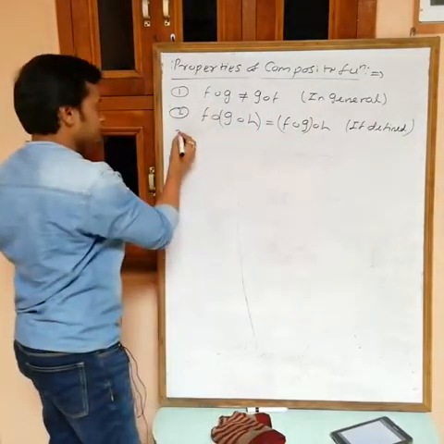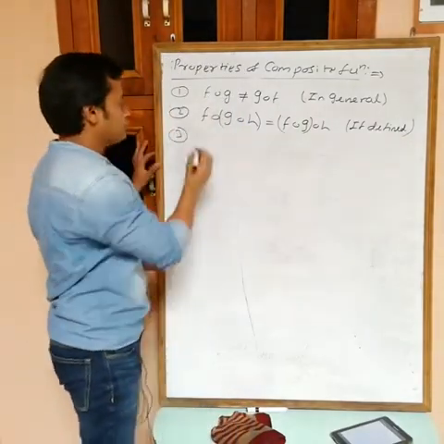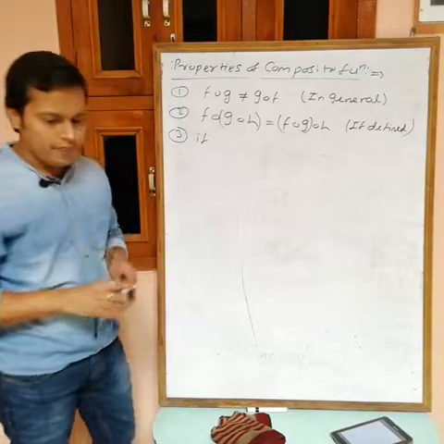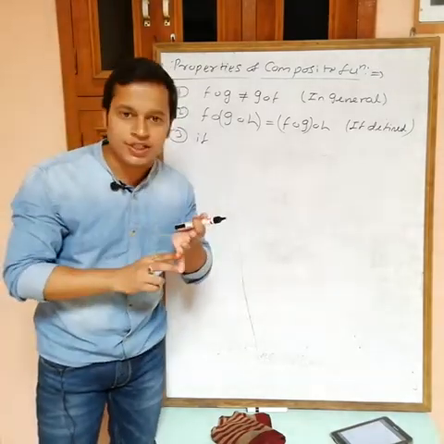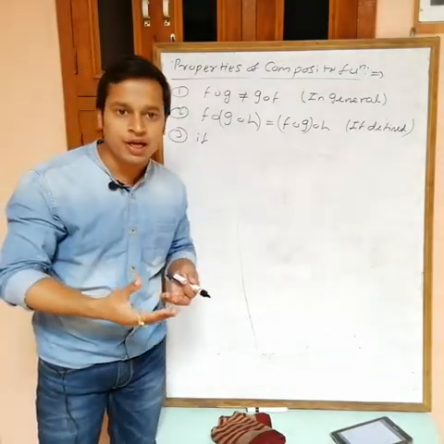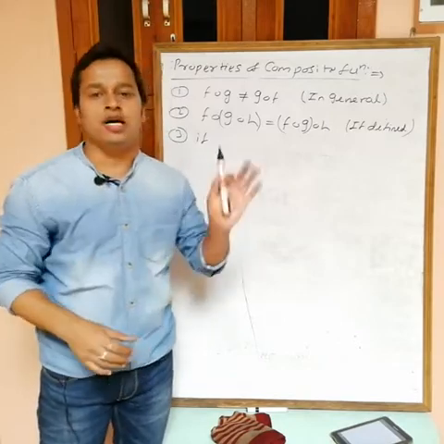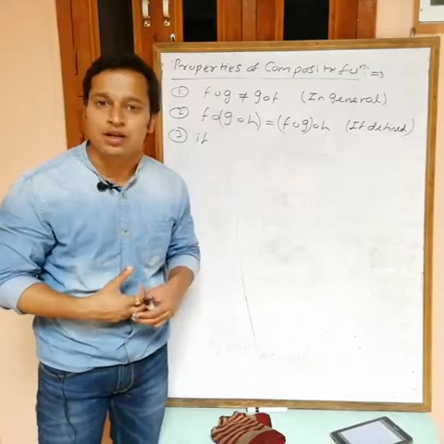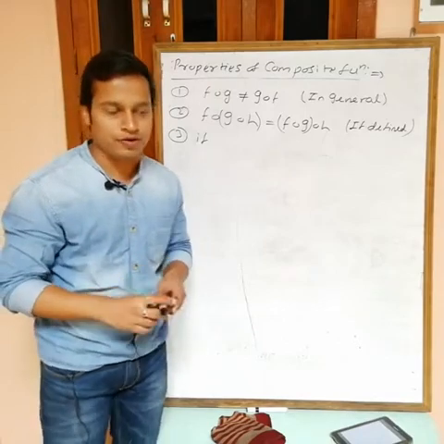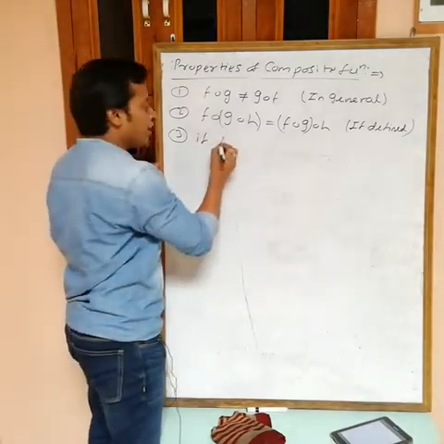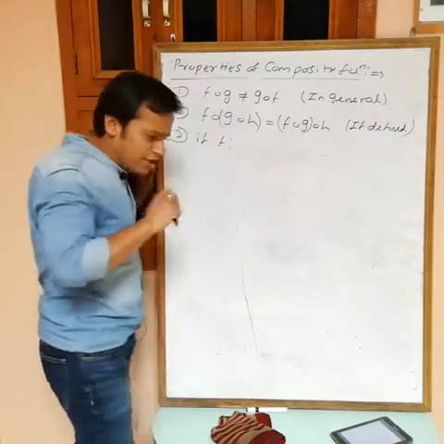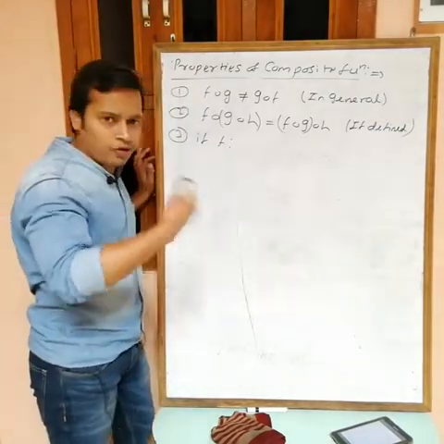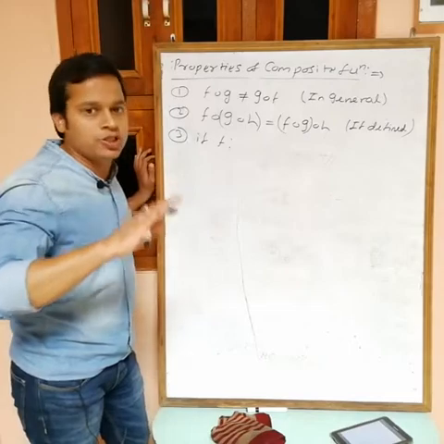Third one, now if both functions f and g are 1 1, then their composite function is also 1 1. If both are onto, then composite function is also onto. This is the property, so I have to write. Now I have to take domain and codomain of f such that composite function is defined.